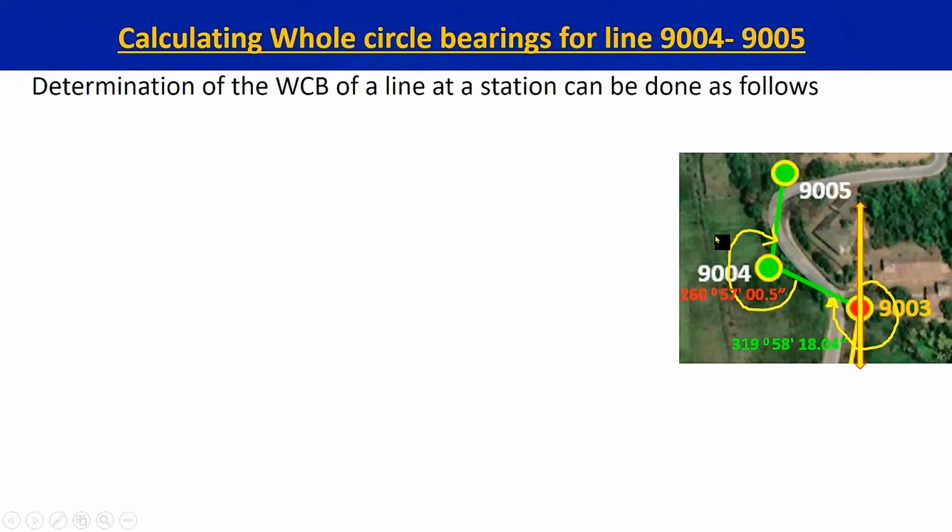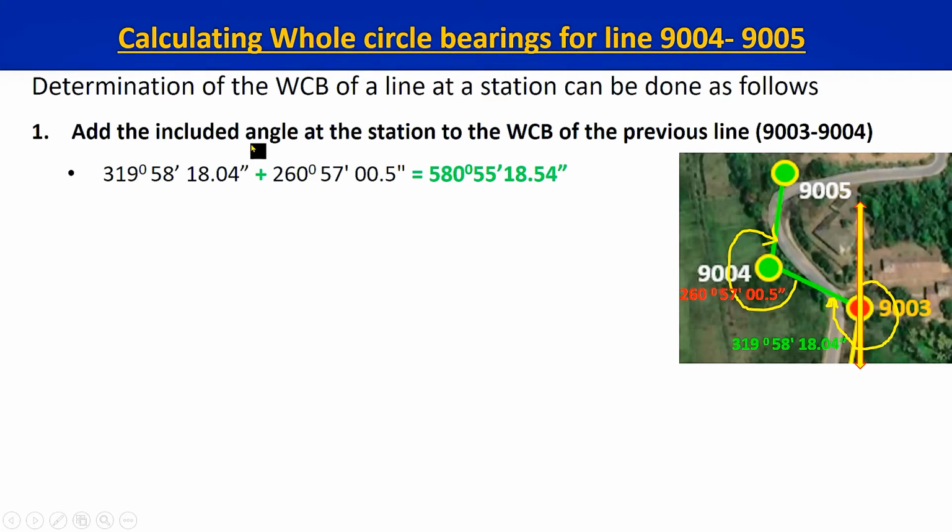So we'll try to find out the WCB for the 9004, 9005 line. This is an easy method to find out the remaining WCBs of this traverse. What we need to do is add the included angle at the station to the WCB of the previous line. The previous calculated WCB is 319 degrees, 58 minutes and 18.04 seconds.